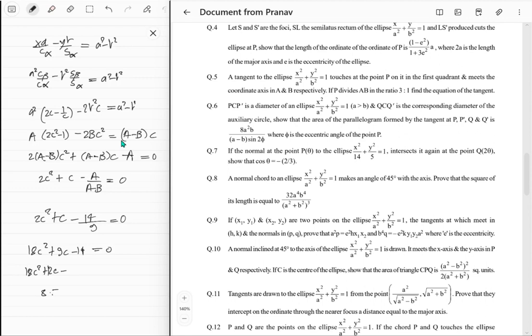Let's see, right there, of course. When I get a squared and b squared, right? No, I can't possibly be correct right here. It's not correct. Okay, then. Let's put everything in there, and that c goes over there, so it's minus 2bc squared. Okay, it will be minus b times c.